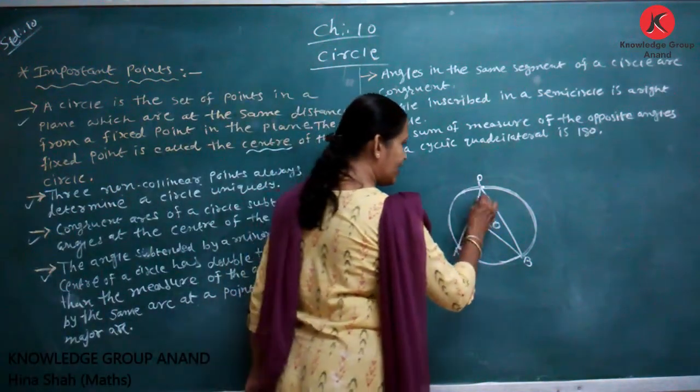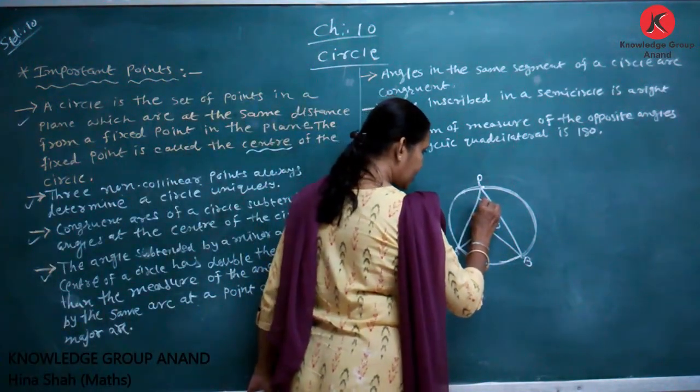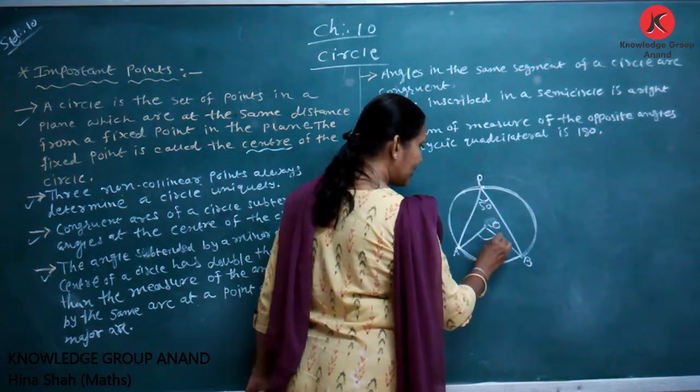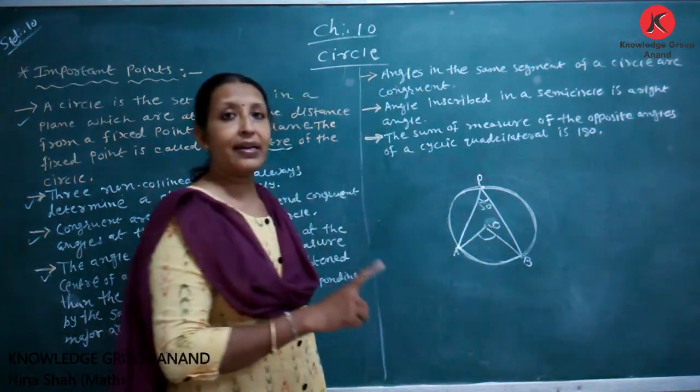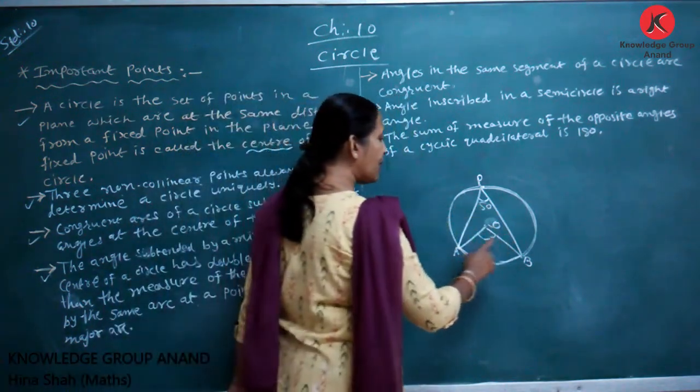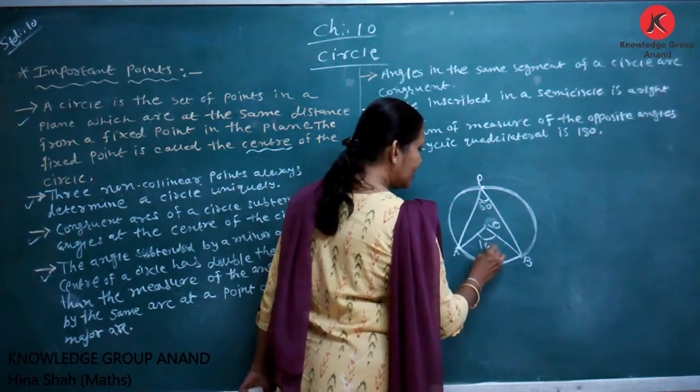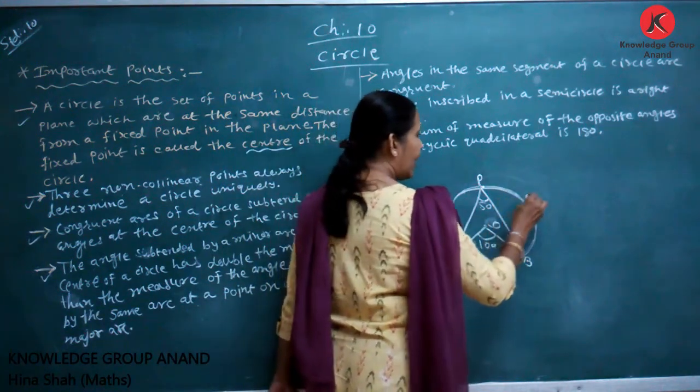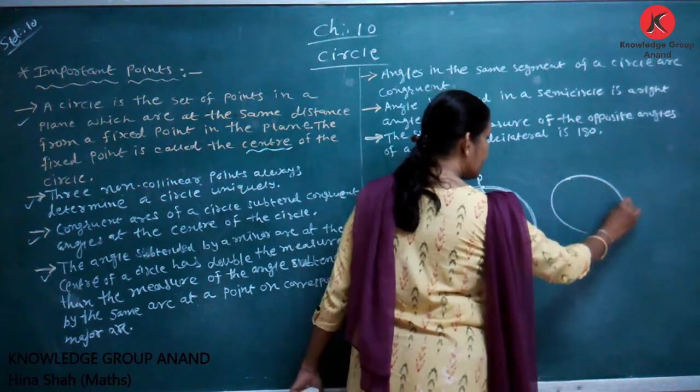Suppose this angle is 50, then the angle at the center is double, 50 times 2, which is 100.